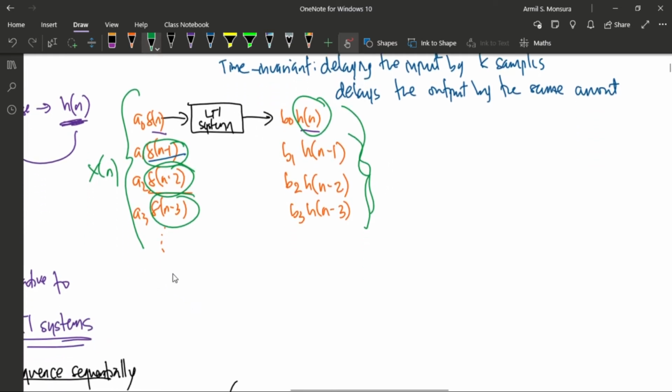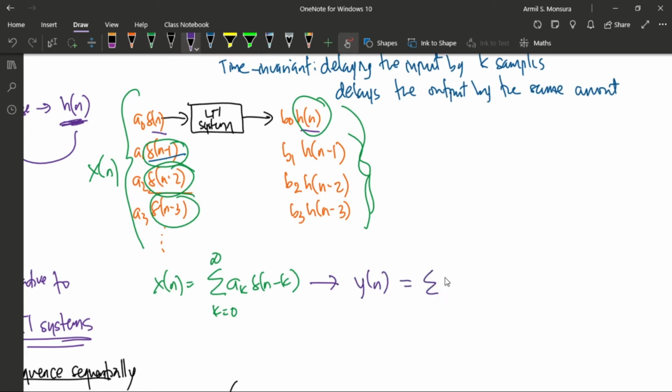So, dapat yung x of n ninyo, if your x of n is actually the sum of b of k delta n minus k for k equals 0 up to, say, infinity, halimbawa lang, then ang magiging output dapat ng system ninyo is the summation of b of k, h of n minus k for k equals 0 up to infinity.